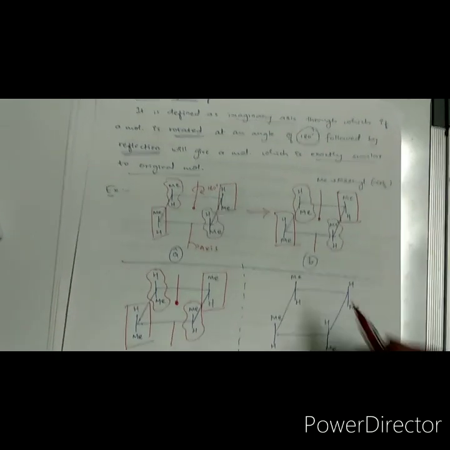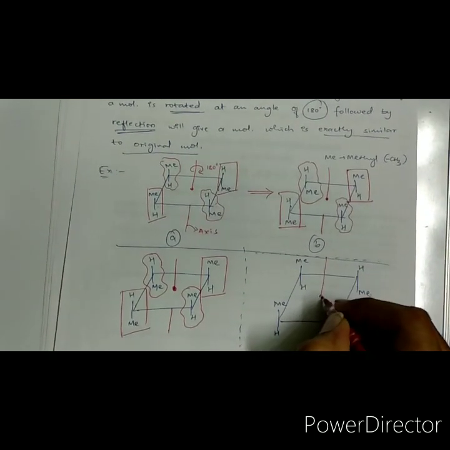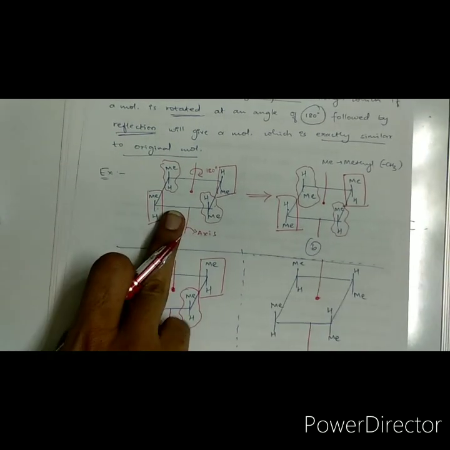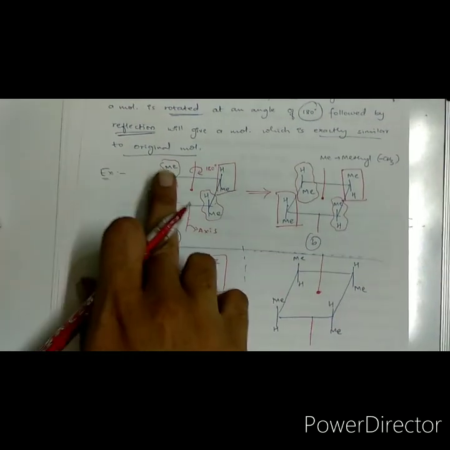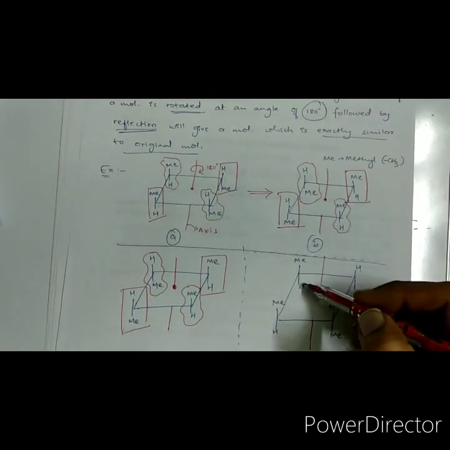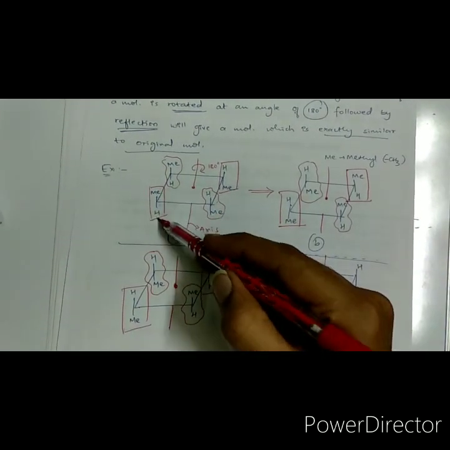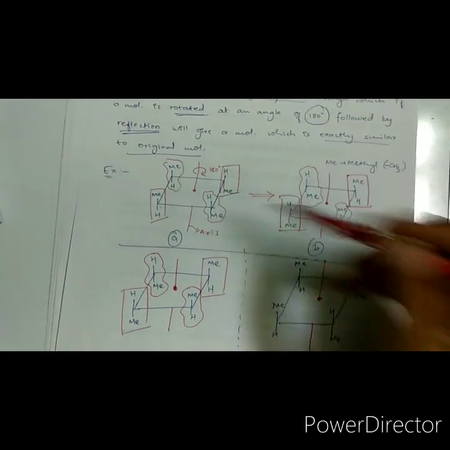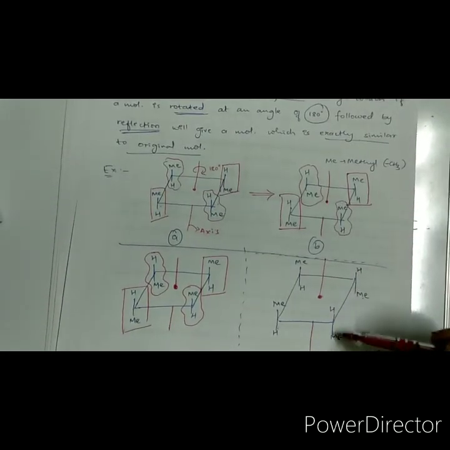So now you can clearly see the configuration of this molecule and this molecule. You can compare these. Methyl and hydrogen, methyl and hydrogen, again methyl and hydrogen, methyl and hydrogen. When here hydrogen and methyl, hydrogen methyl, and hydrogen methyl, hydrogen methyl.